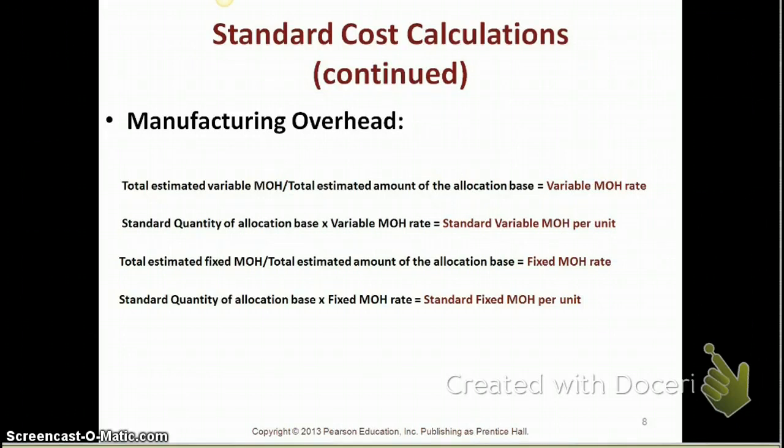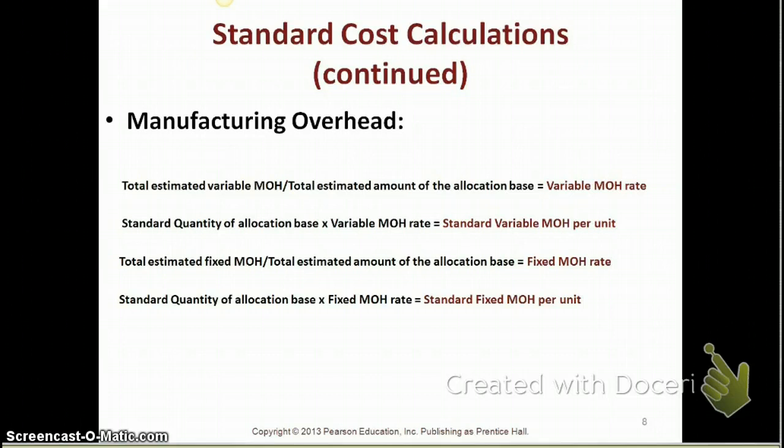To calculate the standard fixed manufacturing overhead per unit, you do the same process, but this time you're going to take the fixed manufacturing overhead rate. So first step is to calculate a fixed manufacturing overhead rate, which you do by dividing total estimated fixed manufacturing overhead cost by total estimated amount of the allocation base.